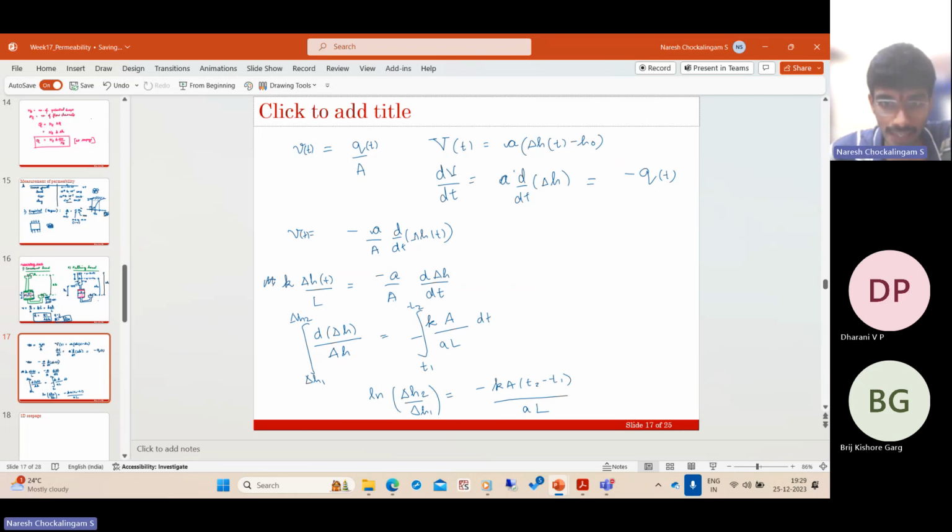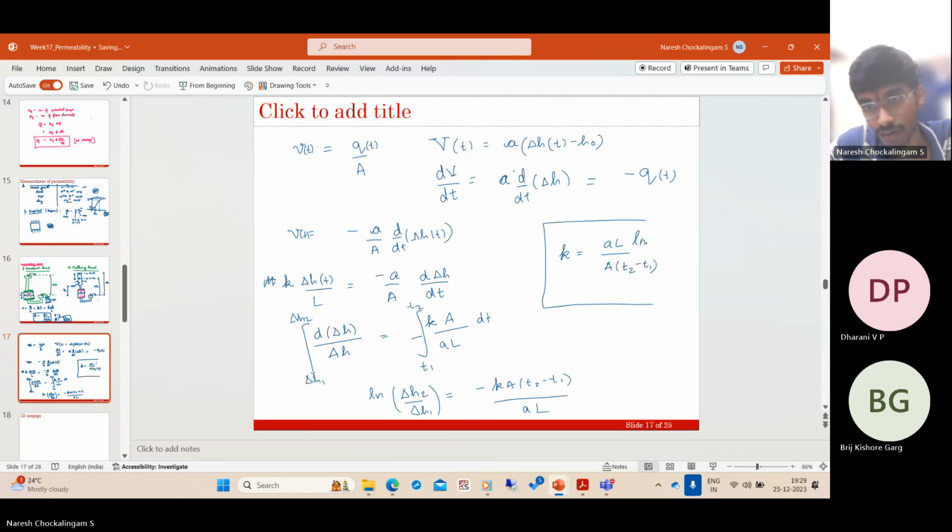So H2 is less than H1. The head loss finally is less than head loss initial. So this is a negative quantity. This negative multiplies with it. So you finally get the permeability, the hydraulic conductivity, as K equals A L by capital A (T2 minus T1), which is the time, into log of delta H1 by delta H2.